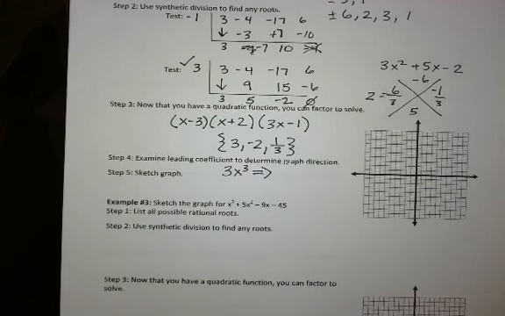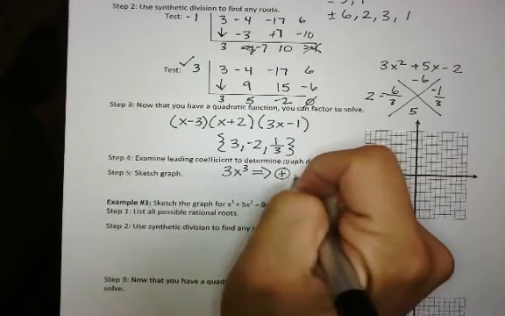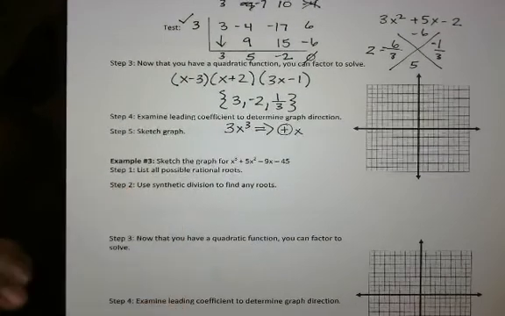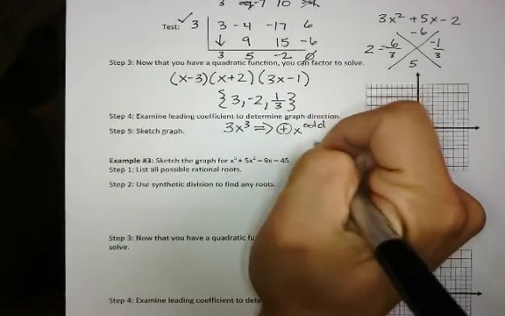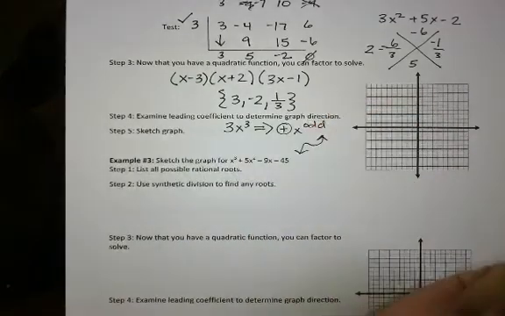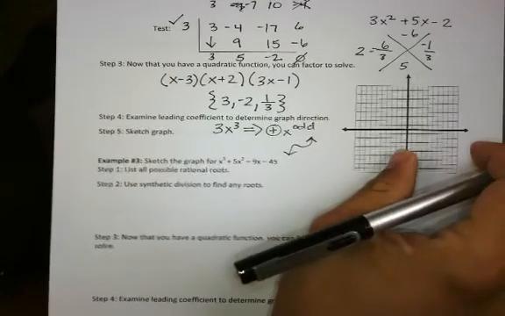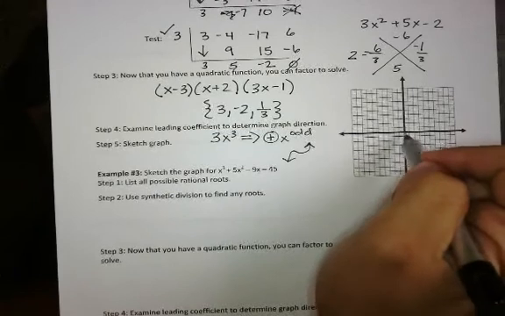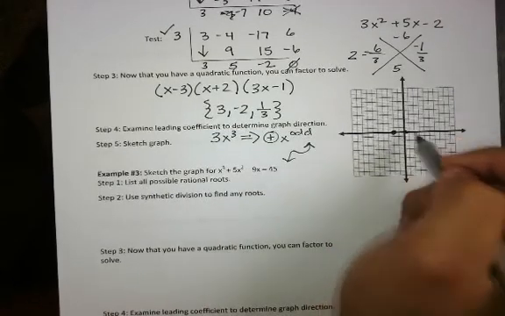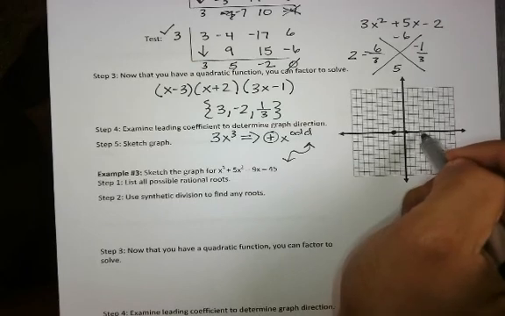Okay, what do I do next? Step number 4, read step number 4. Examine the leading coefficient. Very good. We're going to examine the leading coefficient. Do we have a positive or negative number? Positive. And is this an even degree or an odd degree?